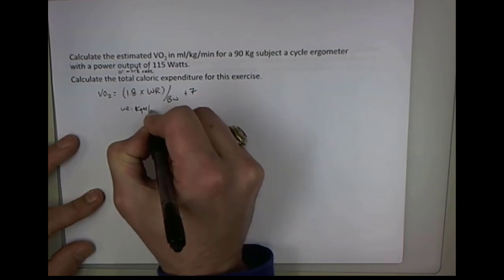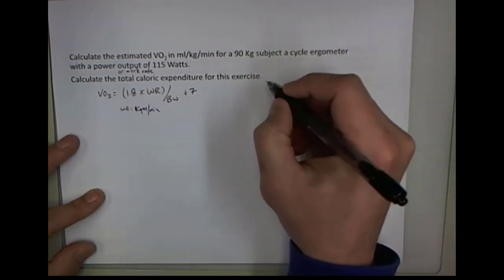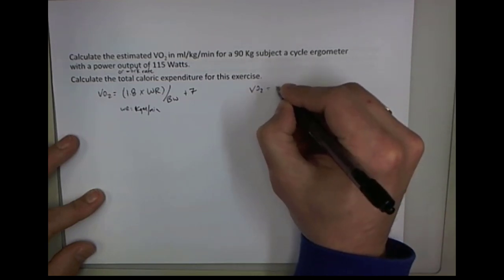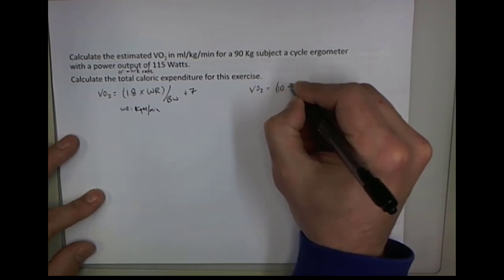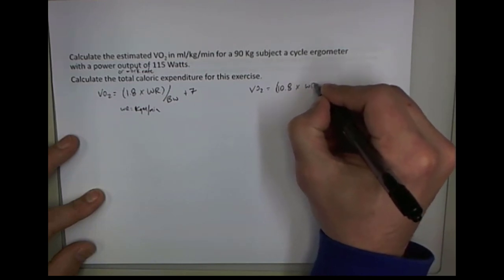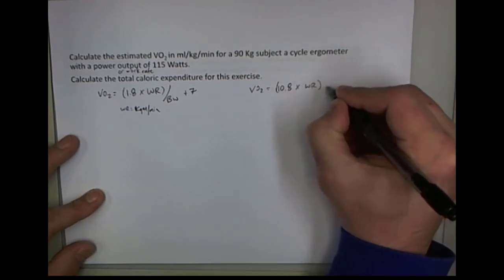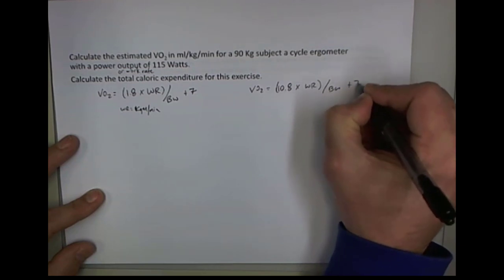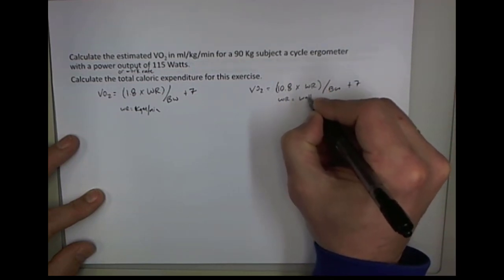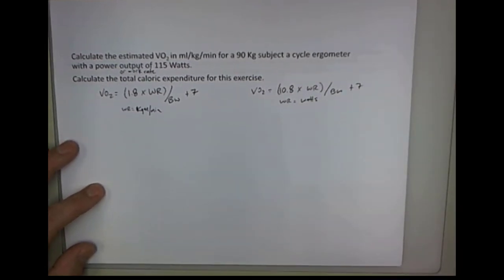kilogram meters per minute. Or we could use the second equation, which is simply VO2 is equal to 10.8 times the work rate divided by body weight plus 7, where here work rate is in watts.